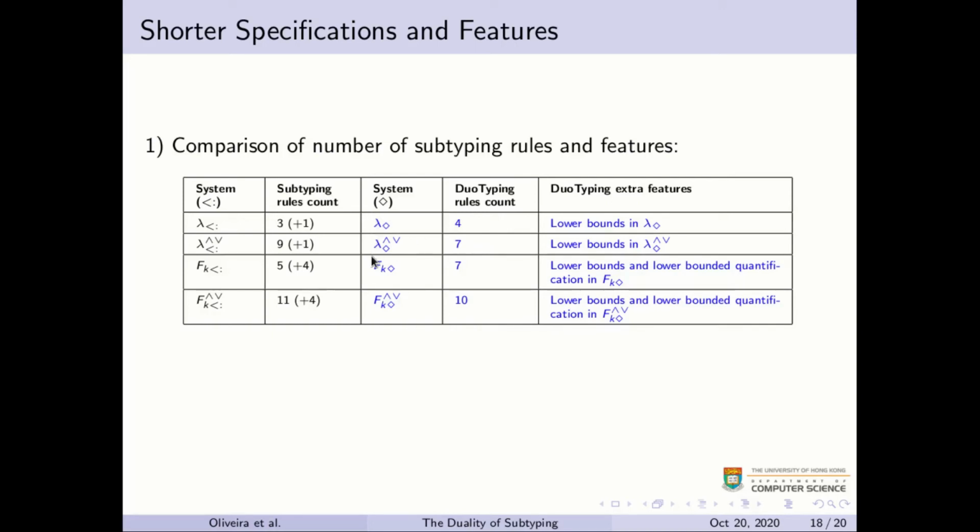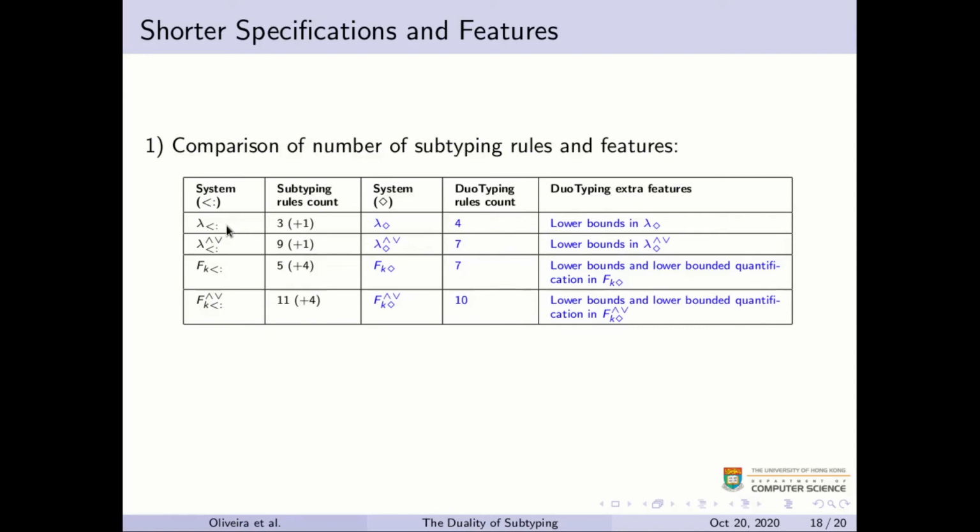The third column shows the duotyping system, while the fourth column shows the respective number of duotyping rules in that system. The last column shows the extra features that are provided by the duotyping system, which are not provided by default by the standard subtyping systems.